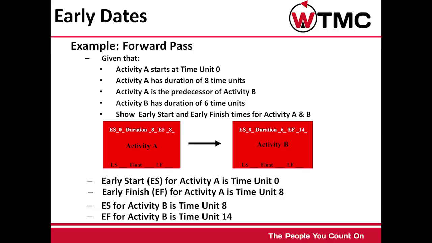Given that activity A starts at time unit 0, activity A has duration of 8 time units. Activity A is the predecessor of activity B. Activity B has duration of 6 time units. The forward pass will show early start and early finish times for activity A and B.